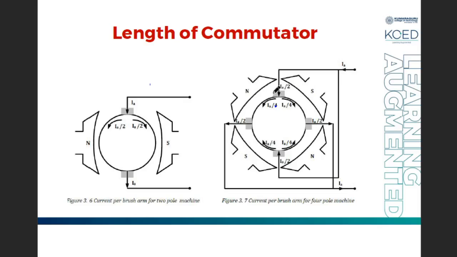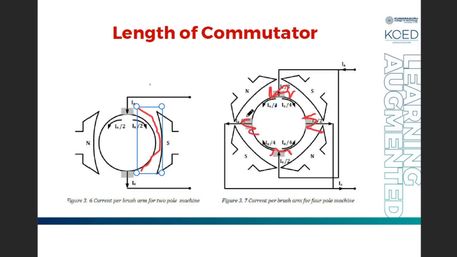Here with more poles, you have four brushes like this. So with a larger number of poles, the distance between the two brushes is getting reduced. See here, the distance is more between these two brushes. Here, the distance between these two brushes is less. Suppose you have a spark produced here, and here, and here.